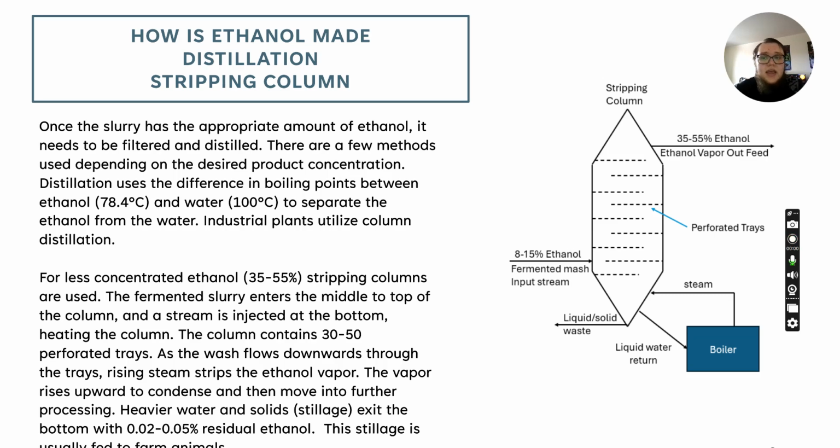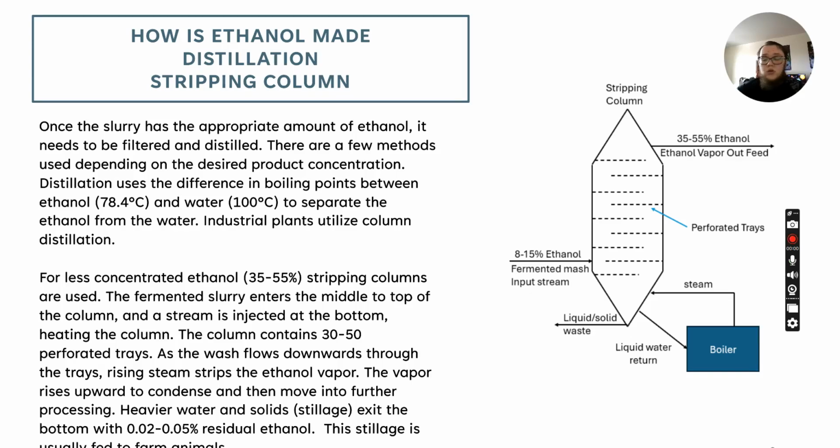Now, the first step is a stripping column. Once the slurry gets in at 8 to 15%, it is heated up from the bottom, and steam will push the ethanol up, and then the steam will recondense down. This process is usually done 15 to 30 times with different trays, and at the very top, you can get about 35 to 55% ethanol based on what the product needs.